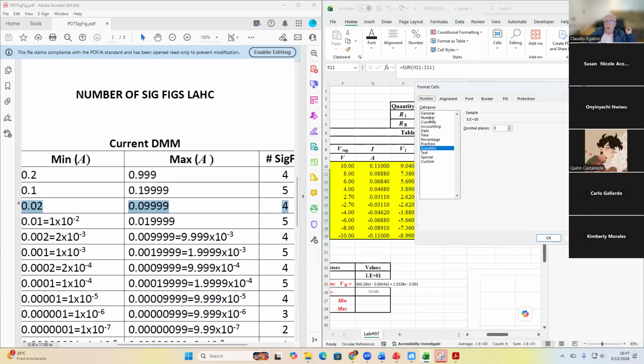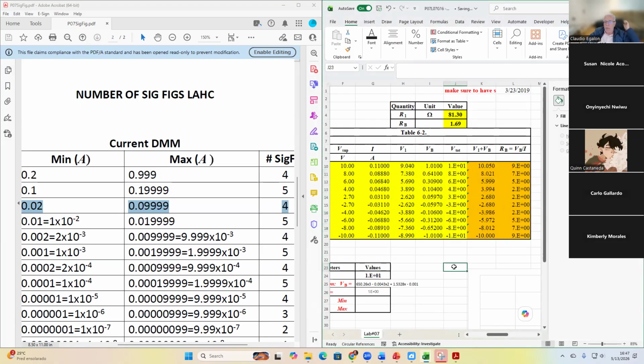Format cell. Number 1, 2, 3. And now we have the right number of significant figures there. Don't forget, in order to get the number of significant figures here, you must have the number of significant figures right here.